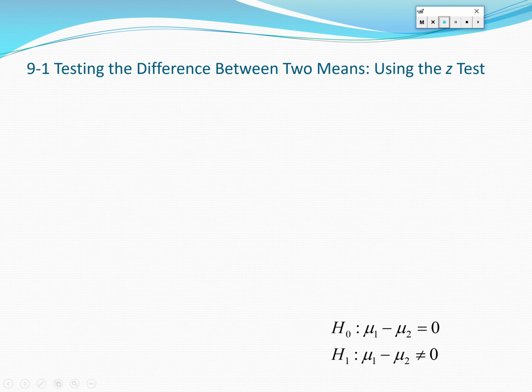All right, in chapter 9, we are going to continue hypothesis testing. But instead of just testing a mean for a specific value, like testing whether a mean equaled 850 or if a mean was less than 300, we're now testing the difference between two means.